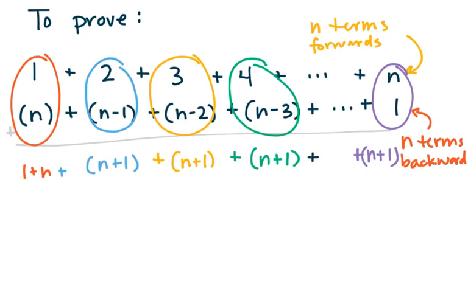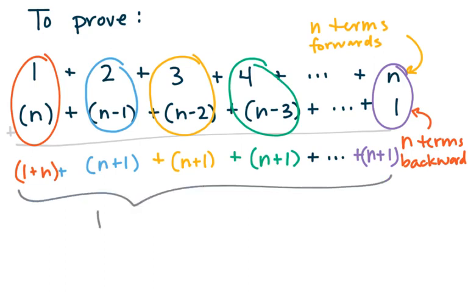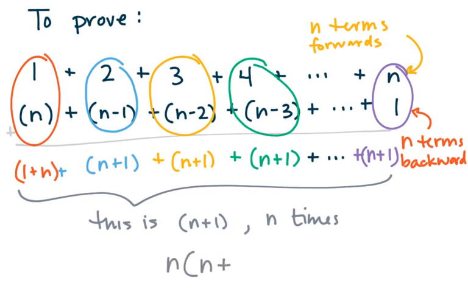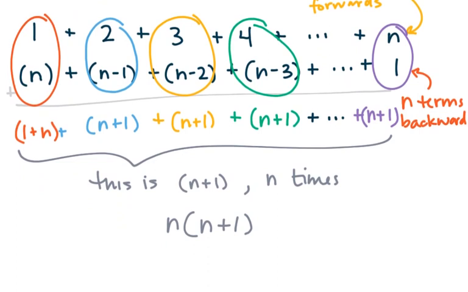Okay, so I've calculated this, and now I have that two sums are all of these n plus 1 values. And how many n plus 1 values do I have? n times. So we have n times n plus 1 here. And I added it up twice, right? I had two sums.